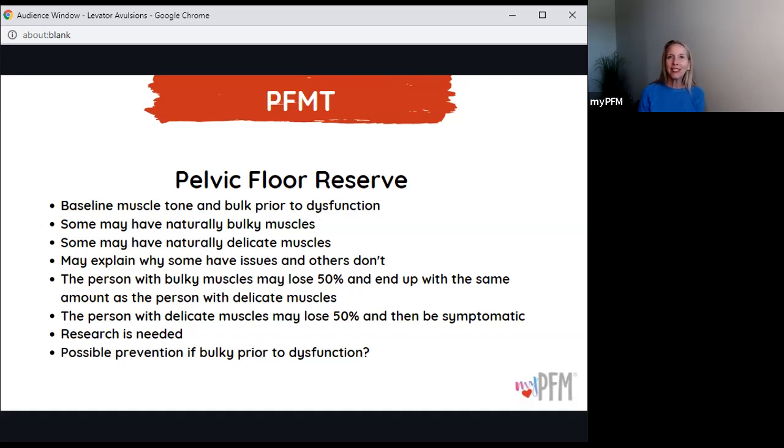And so basically going back to that pelvic floor muscle volume.